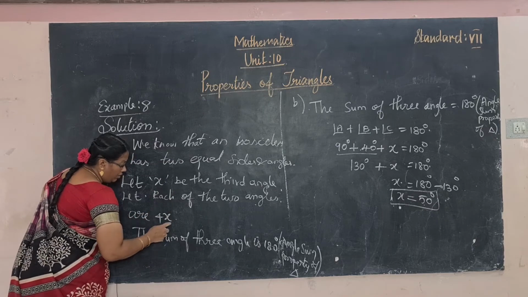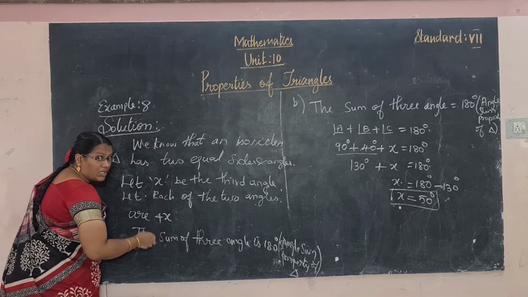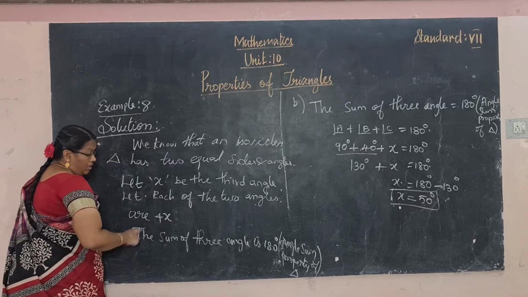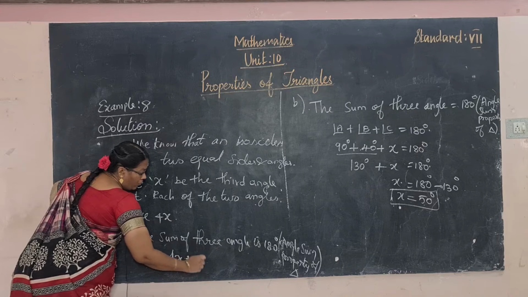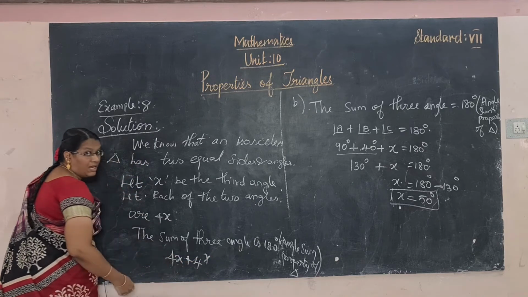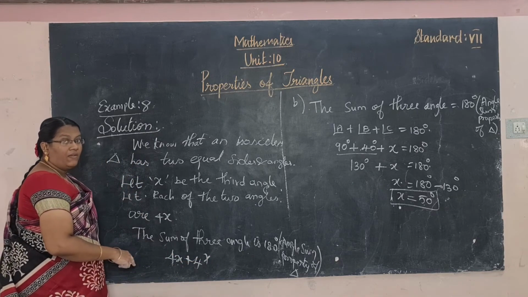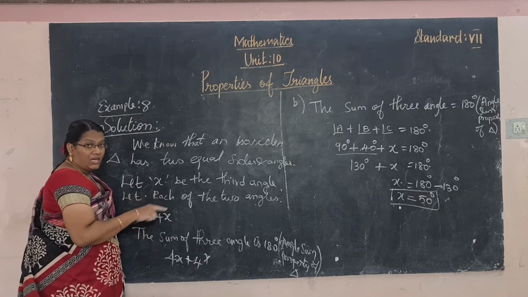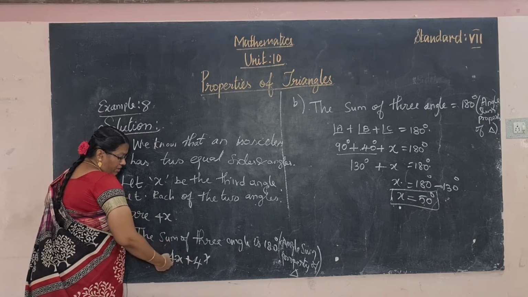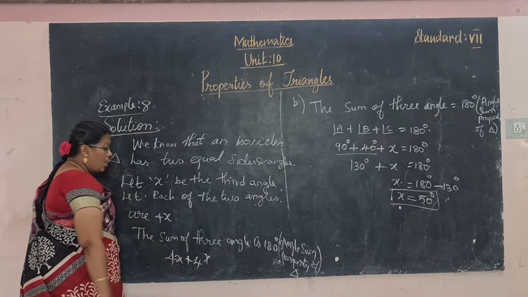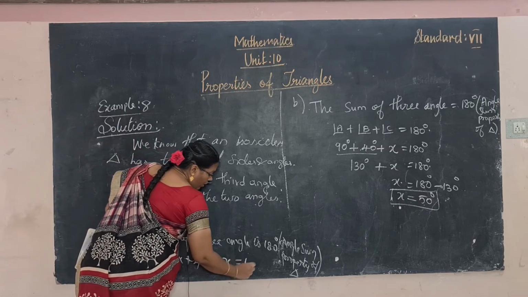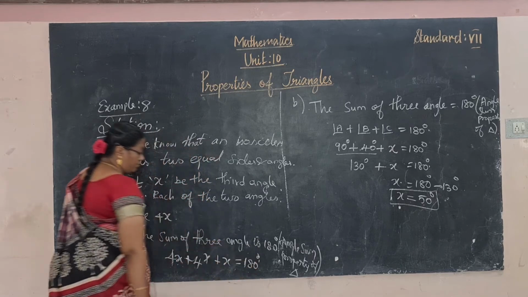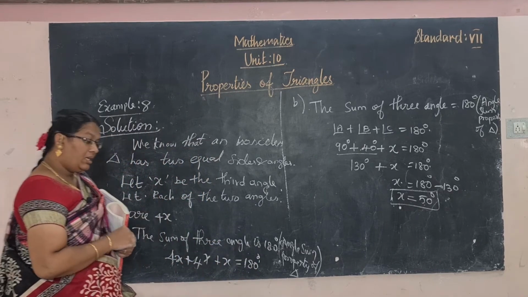The first 2 angles we consider as 4x because 2 angles are equal. So 4x plus 4x. Why do we write it twice here? The isosceles triangle is given, so 2 angles are equal. So the first 2 angles will be 4x plus 4x, and the third angle x, equal to 180 degrees.